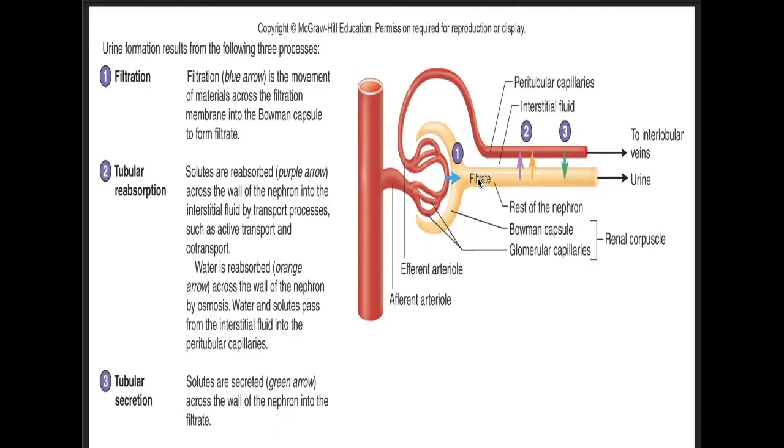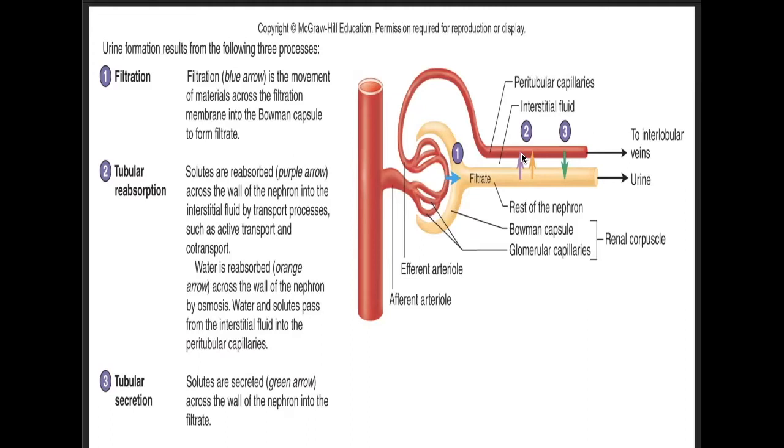Now here's the filtrate. It will travel here, and then solutes are reabsorbed. So the solutes here are being reabsorbed on this part across the wall of the nephron in the interstitial fluid by transport processes. Okay, what are these transport processes? Your active transport and your co-transport.